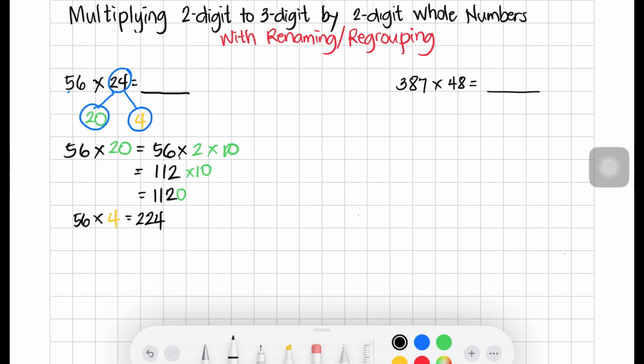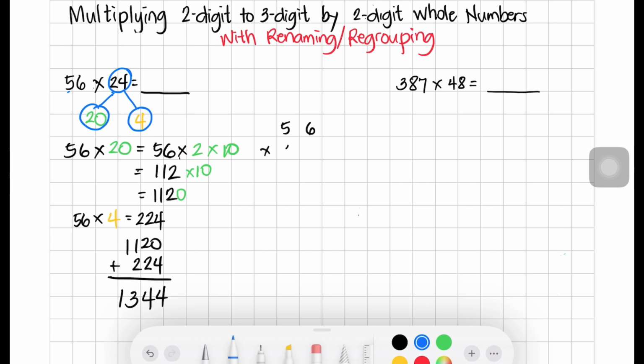Okay, and then just get the sum of the partial products. So that would be 1120 plus 224, which will give me 1344.